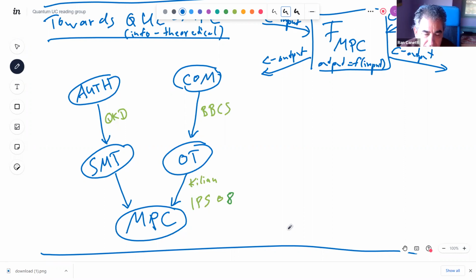Usually a proof of security is, first you write the protocol, second you write the simulator, then you show that the two environments cannot tell the difference. So you don't have to rewrite the simulator. The only thing you have to rewrite is the proof that the environment cannot tell the difference, because now you have to reduce it to a quantum safe assumption. And if you can do that, then you're great. And maybe you can't, then you have to redo the whole thing from scratch. Exactly. And in many cases, I believe you can do that.